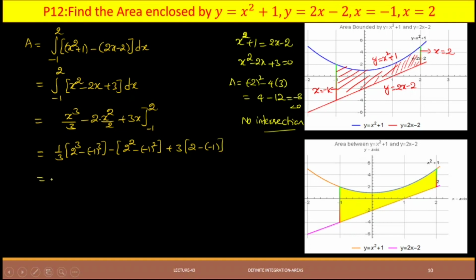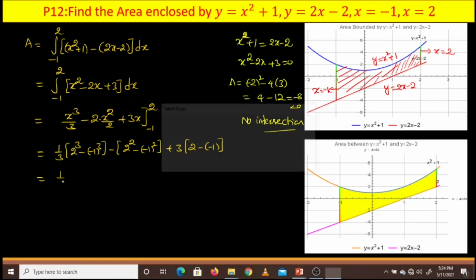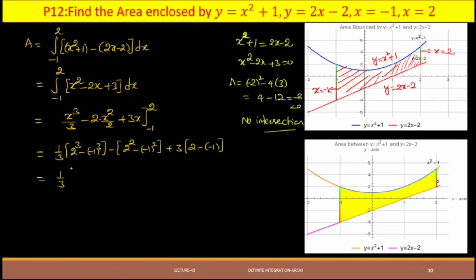So that is 1 by 3 into 8 plus 1, which is 9, so 9 by 3 is 3, minus 4 minus 1 is 3, plus 3 into 3 is 9. So that is equal to 9. So area is equal to 9 square units. The area of the required region is 9 square units here.